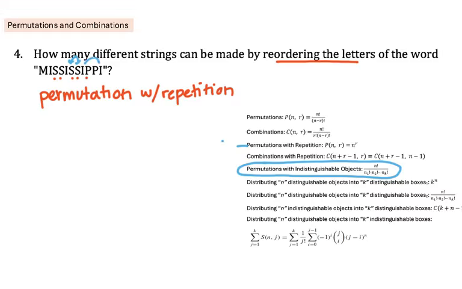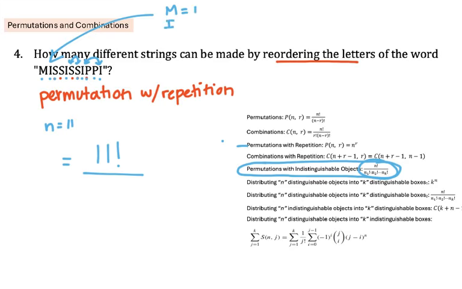Or if we switched these I's, it would look like the same word. So in fact, we have to use this formula. So again, n is 1, 2, 3, 4, 5, 6, 7, 8, 9, 10, 11 letters. So the way this formula works is we do 11 factorial, but then we're going to divide by all of these letters if they have repetition. So M, there's only 1.